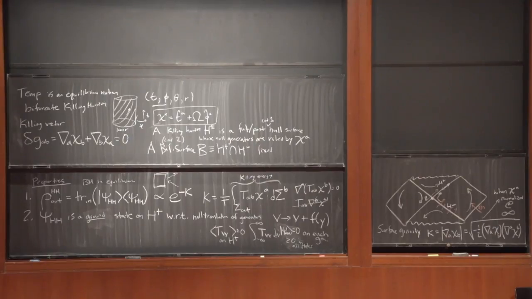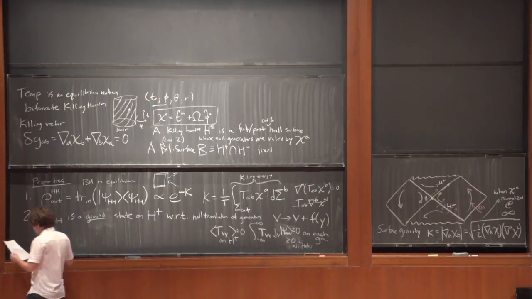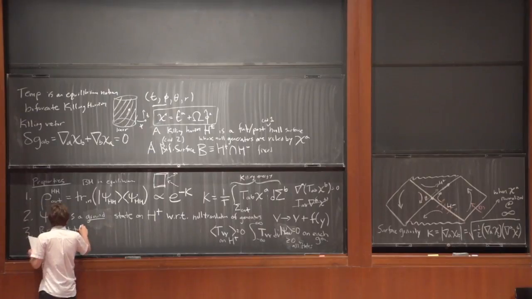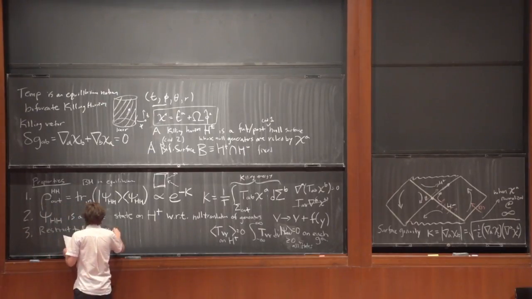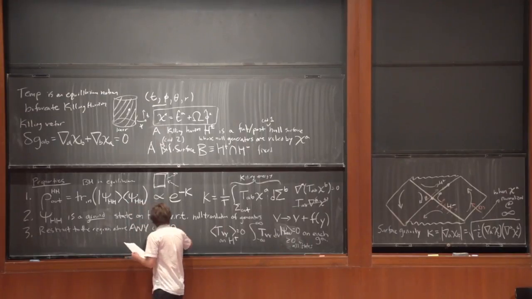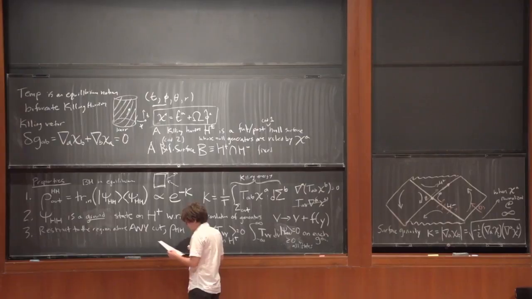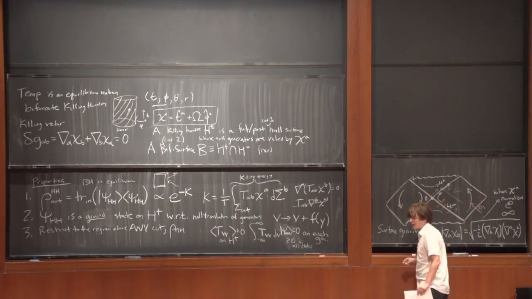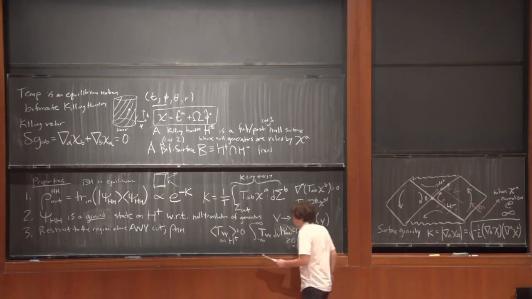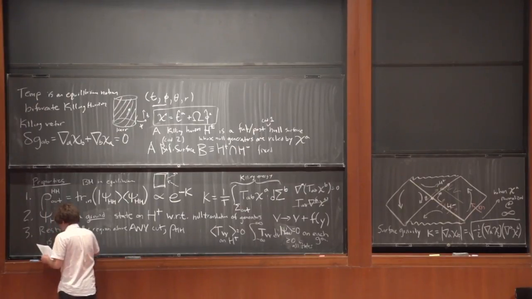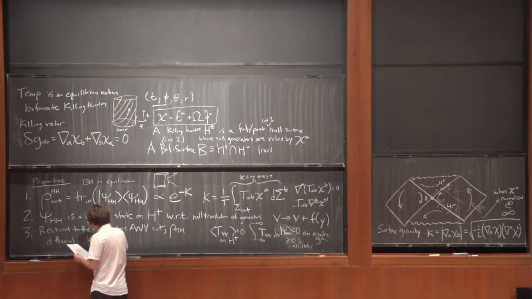Okay, so the third thing I was going to tell you about the Hartle-Hawking state, which I'll be brief about because Ed already said it, is that when you restrict to the region above any cut, rho Hartle-Hawking, by which I mean restricted to the wedge outside of that cut, is still a thermal state with respect to the following modular Hamiltonian.